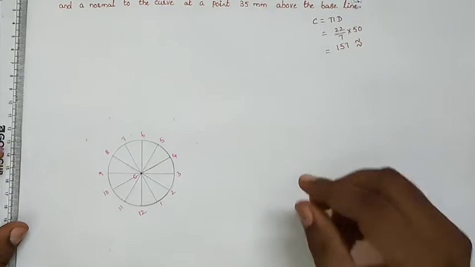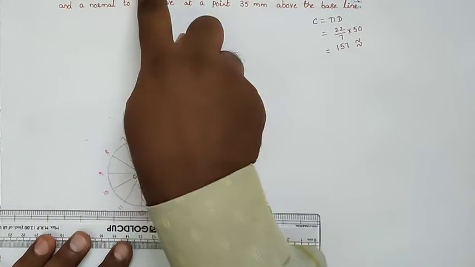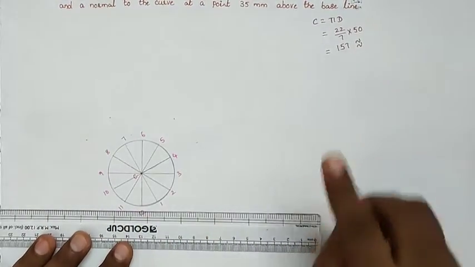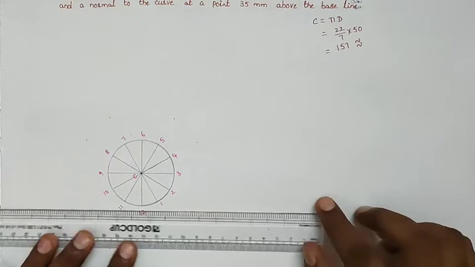Now, from the fixed point, as I already discussed, a cycloid is a curve traced out by a point of a circle which rolls along a straight line. I am taking that point as 12.